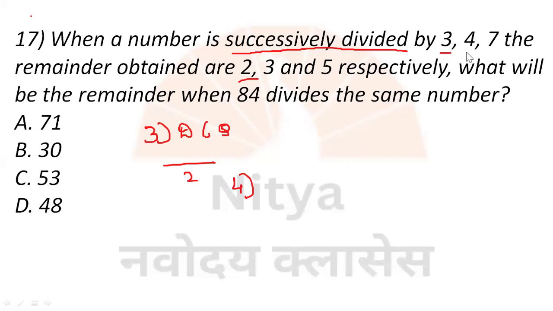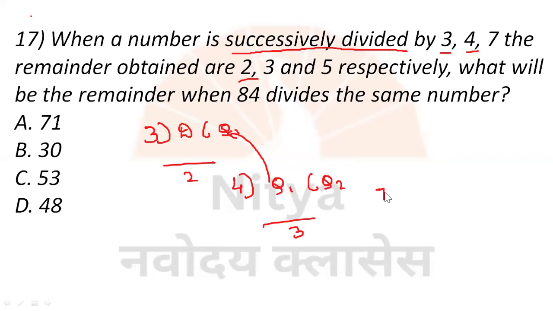What dividend do we have to take? This one. The first division's quotient will be the second division's dividend. So you can take quotient 1 and quotient 2, and the remainder is 3 here.